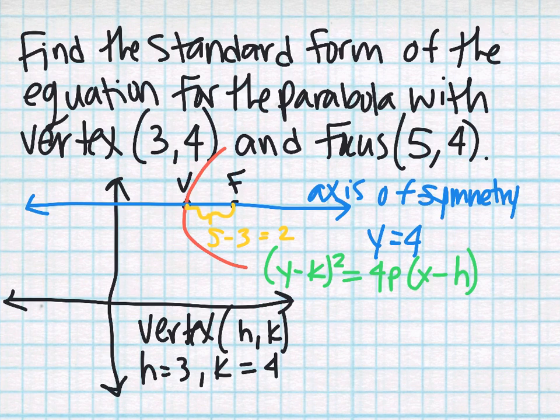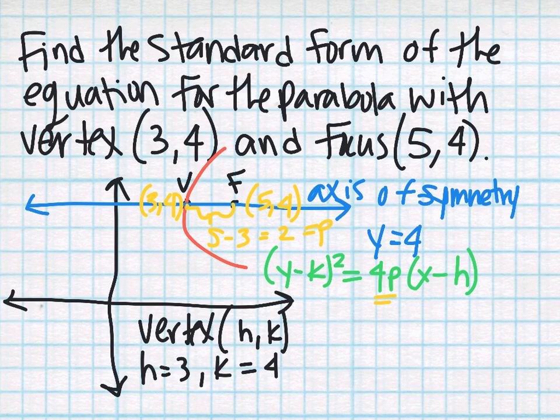But you can always take your coordinates. We know this is (3, 4), and this is (5, 4). And you can do your distance formula because it's not always going to be so easy. So we can see that the focal length is 2. 2 is p. So we also need to know 4p right here. 4 times p, 2 times 4 is 8.